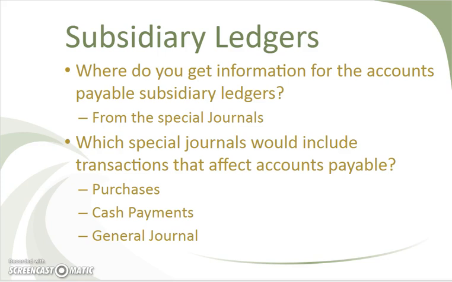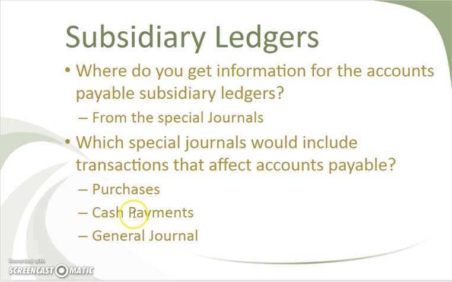The good news for you is whenever you're using a subsidiary ledger, you are only looking for a very specific type of account. So if you are using a subsidiary ledger for accounts payable, I can go through all of the journals and I can only look for transactions that had something to do with accounts payable. In particular, and there'll be more about this in a video whenever we discuss accounts payable subsidiary ledgers specifically, the purchases journal has transactions that deal with accounts payable.